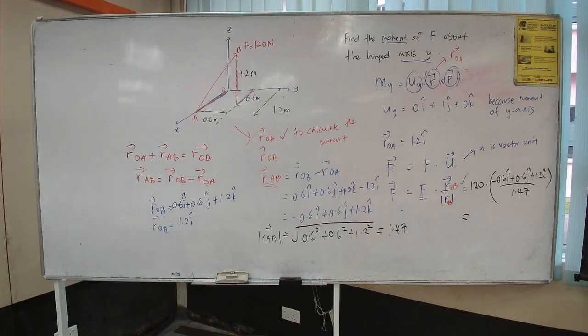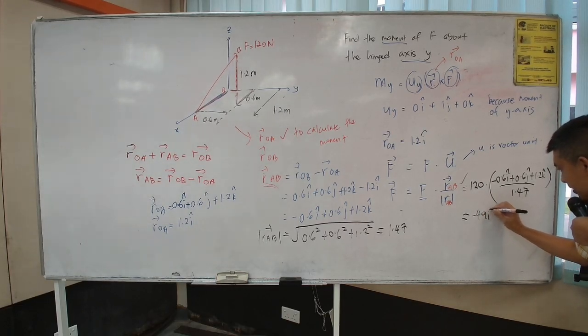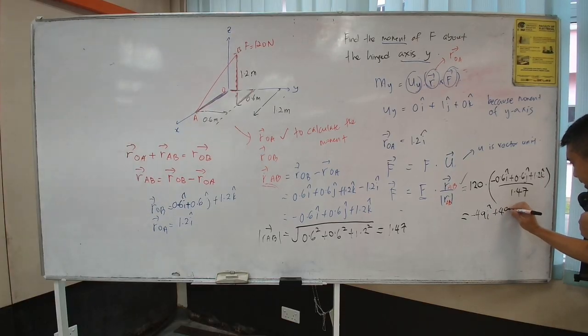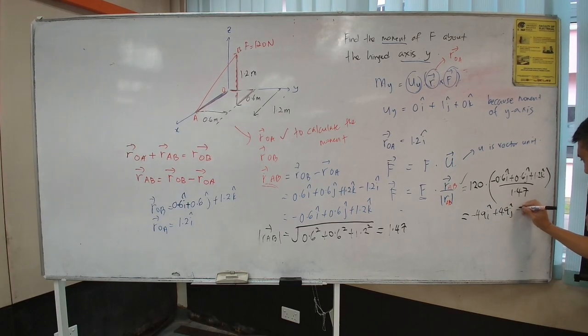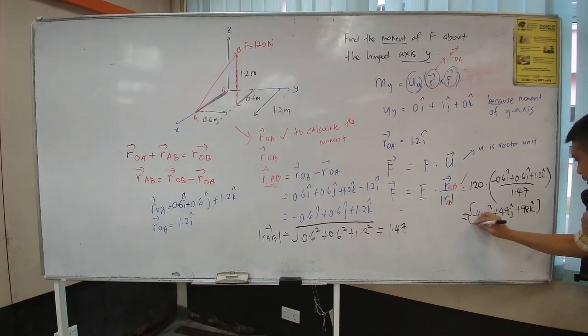And then you do all the maths, finally you get negative 49 I plus 49 J plus 98 K Newton.